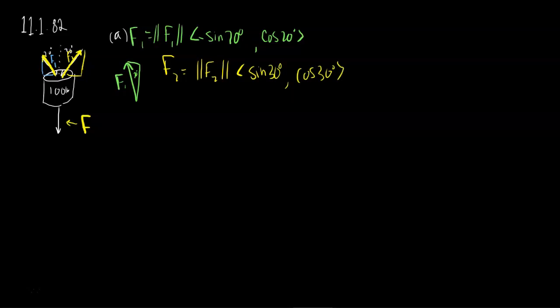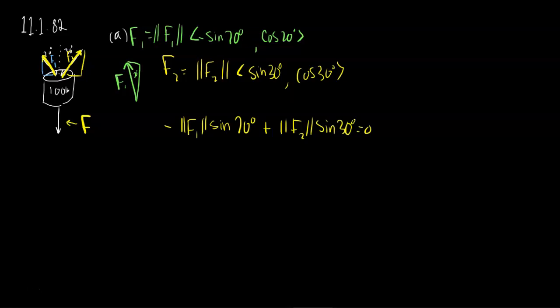Alright, so since they're holding it in equilibrium, the left and right components will cancel each other. So I know that F1 times negative sine of 20 plus F2 sine of 30, those would have to zero each other out. And so that will be helpful for getting a certain size.